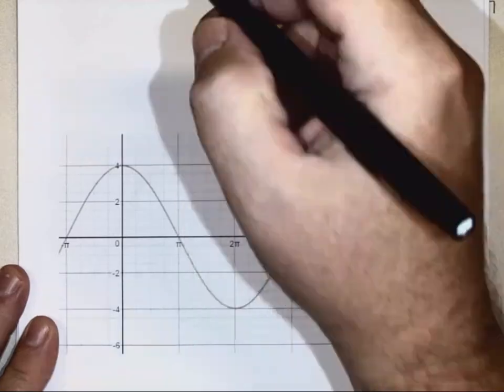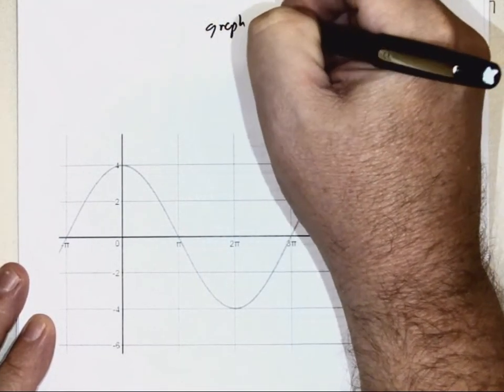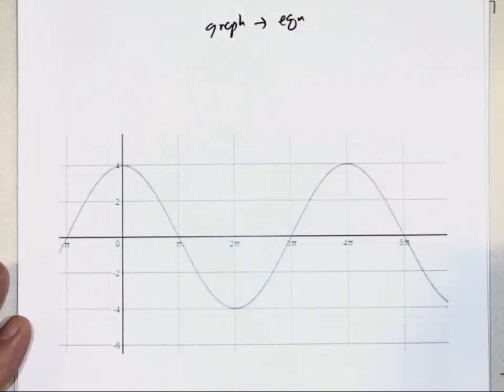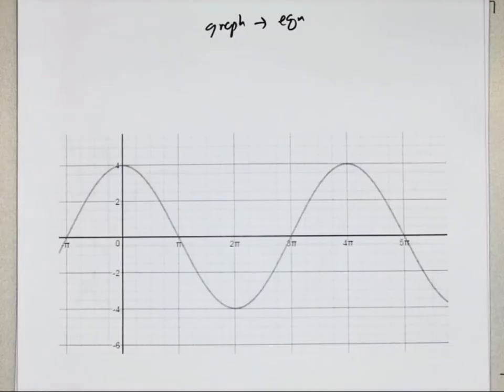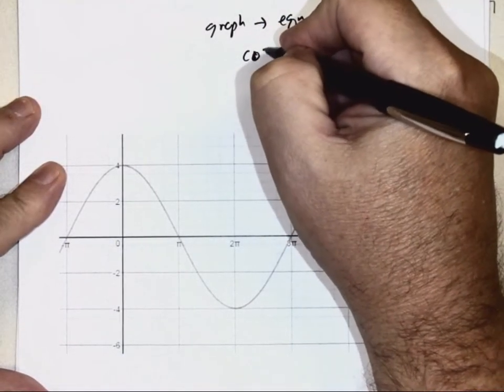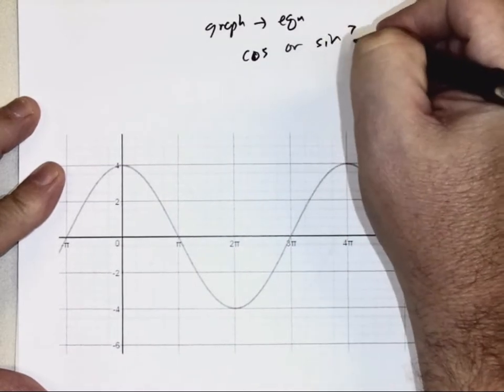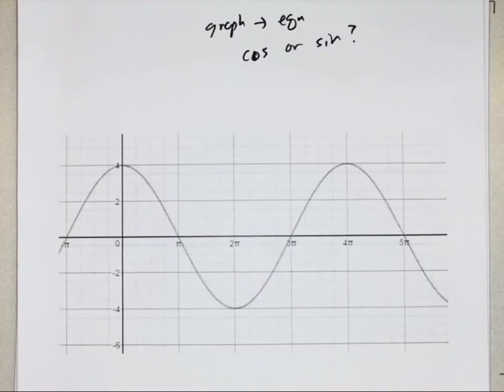Here's what I'm going to do now. Let's take a graph and figure out the equation. Most of the time, the first step is you have to determine: is this a cosine wave or a sine wave?